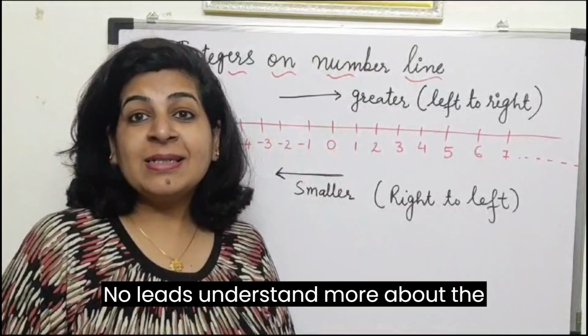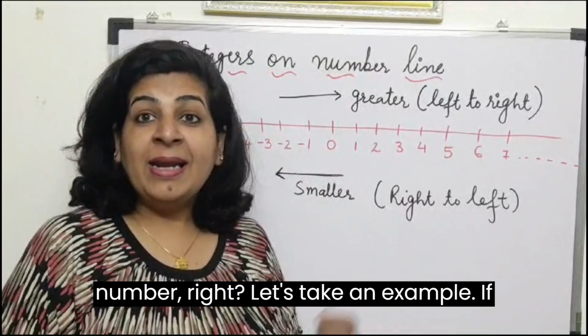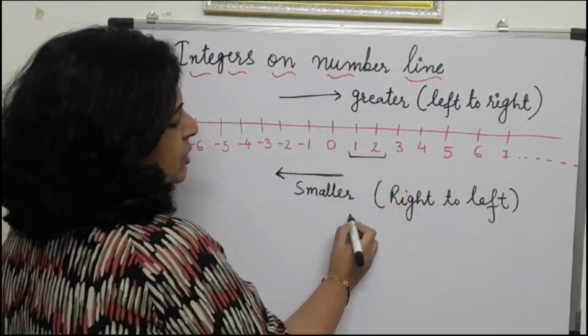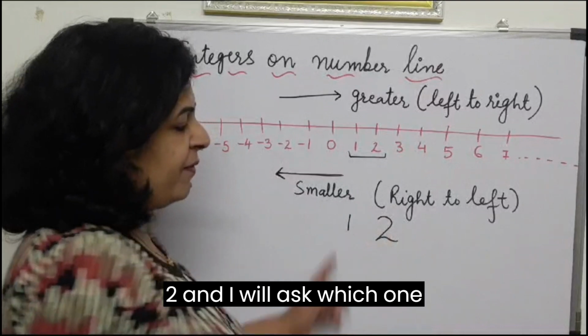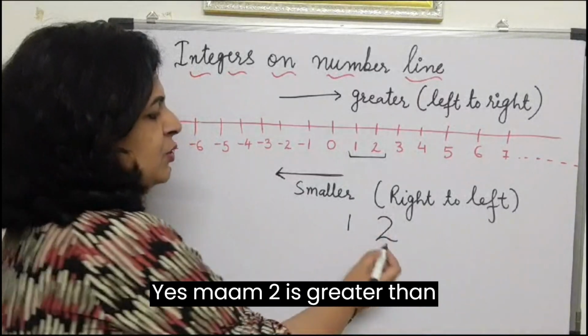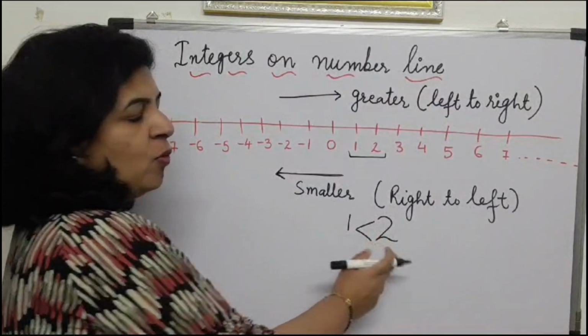Now, let's understand more about the number line. Let's take an example. If I take these two numbers 1 and 2 and ask which one is greater, you are very clear, yes ma'am, 2 is greater than 1.